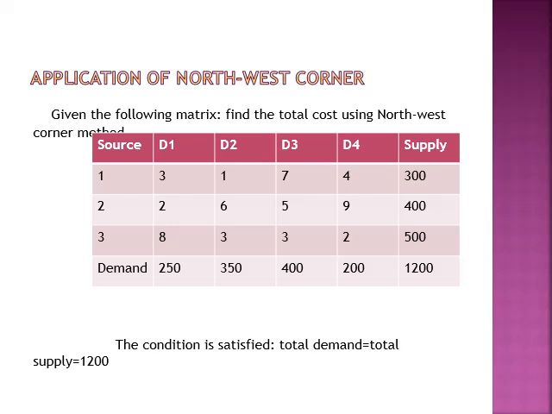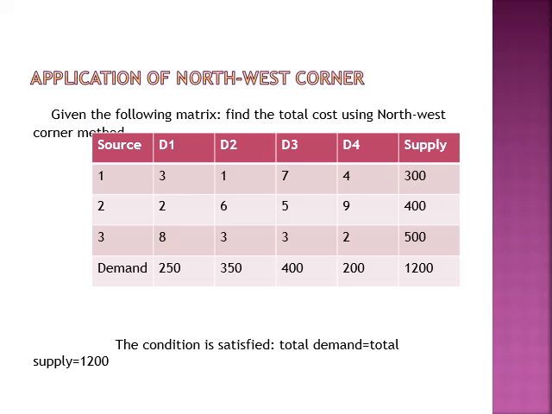Production center 1, for example, has a stock of 300 units. Production center 2 has stock of 400 units.